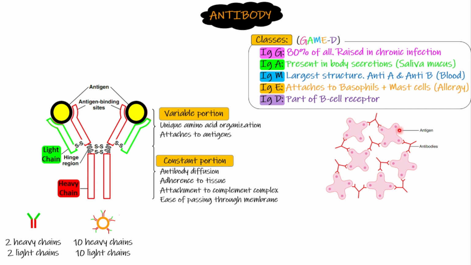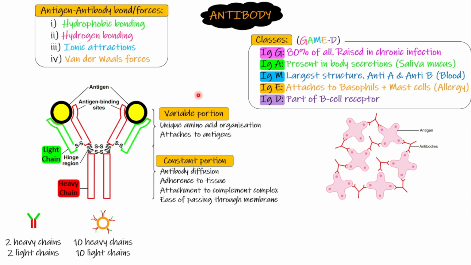And this antigen can also get attached to some other antibodies like this and like this. So that's how antibodies and antigens can collectively form a clump, and then this clump can be precipitated out.